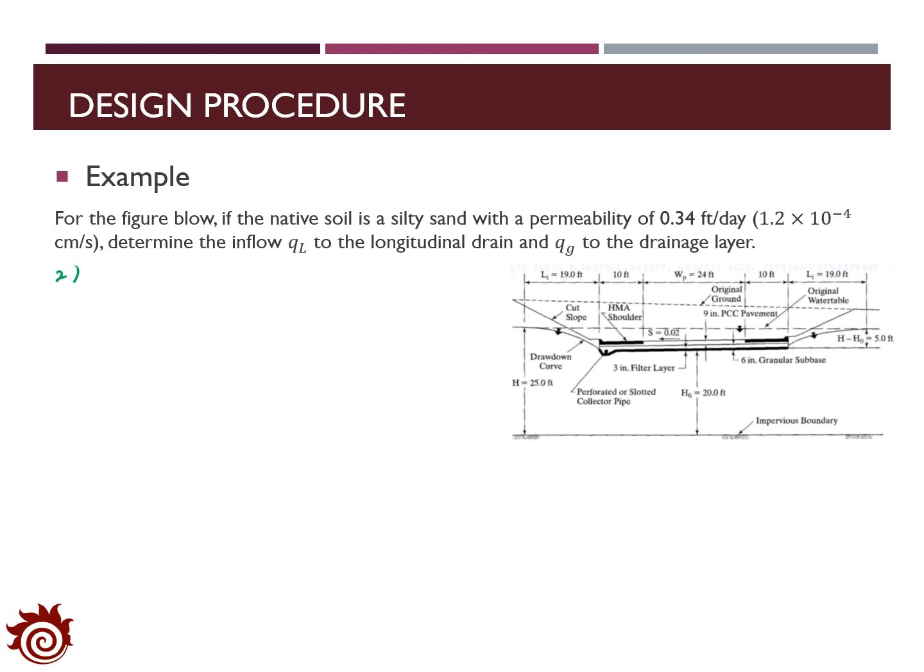Now for the estimation of Q2. For the value of Q2, we need to pick the value from the figure that we mentioned previously. In order to find out the value, we need to determine which line we're going to use and also the variables for the horizontal and vertical axis. For the horizontal axis, the variable is Li plus 0.5W over H0.